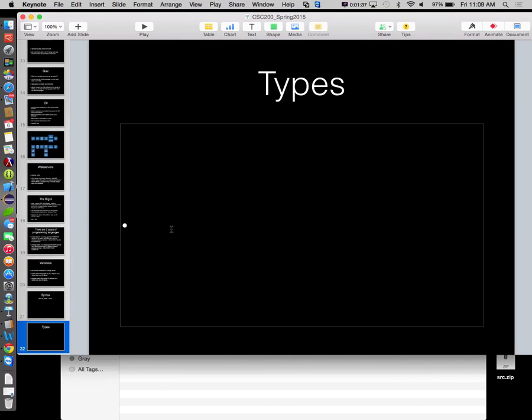So, built into Java, we have a byte, short, int, long, char, float, double, and Boolean. All right. So we're going to talk about each of these.